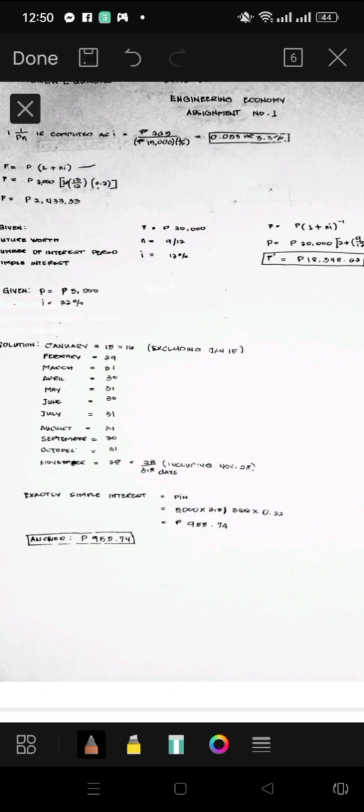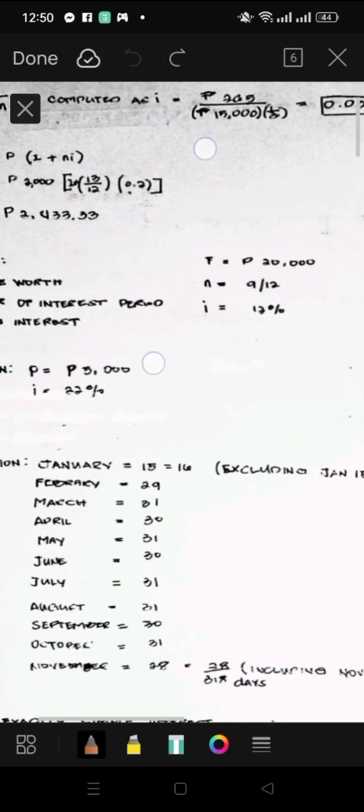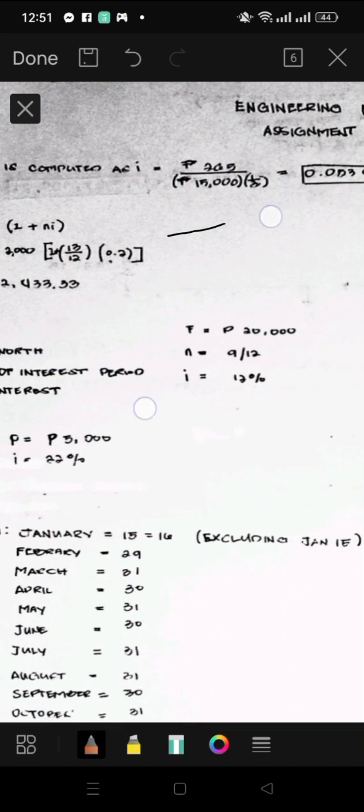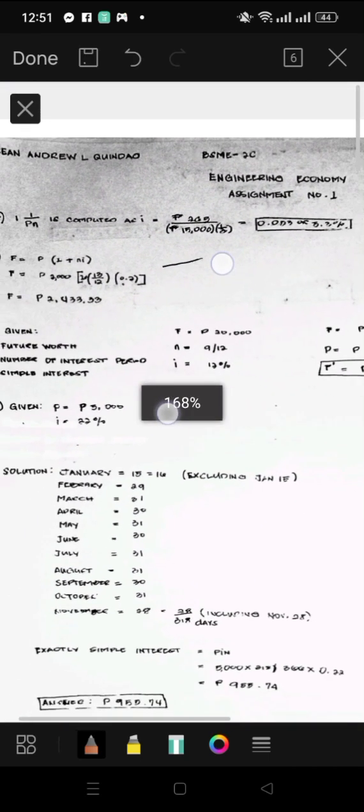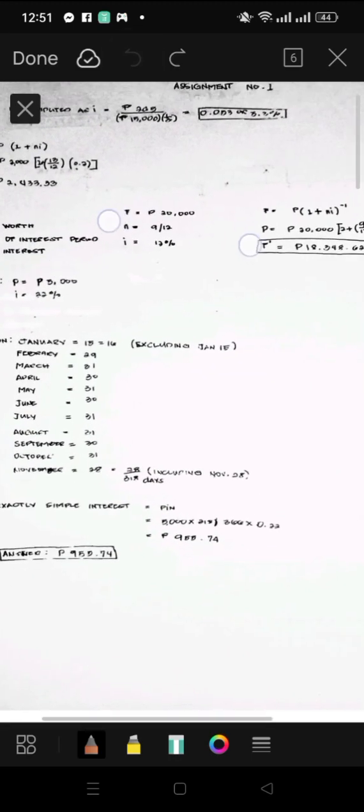That's why we have 5.3%. So the annual rate of interest in 4 months is 5.3%.